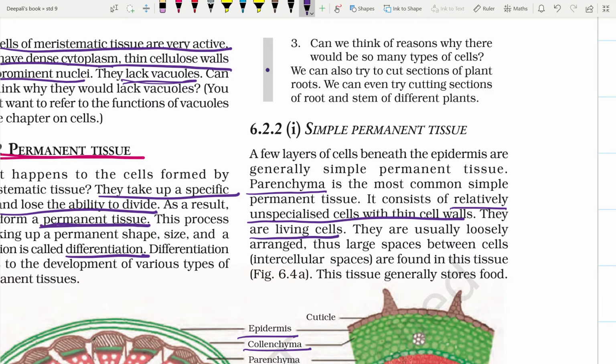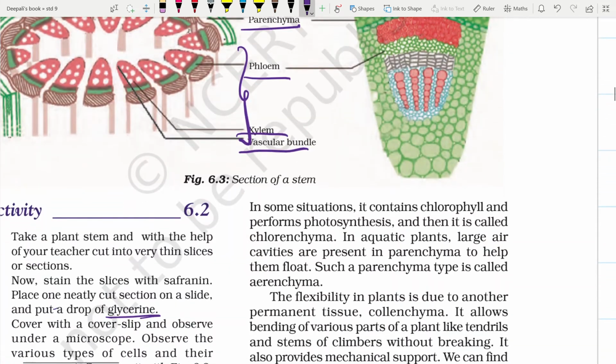They are living, they are usually loosely arranged, thus, large intercellular spaces are found in these tissues. These tissues generally store food.